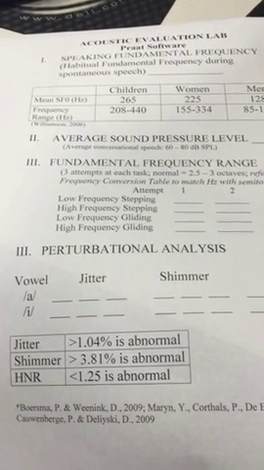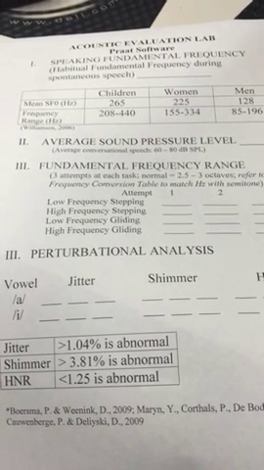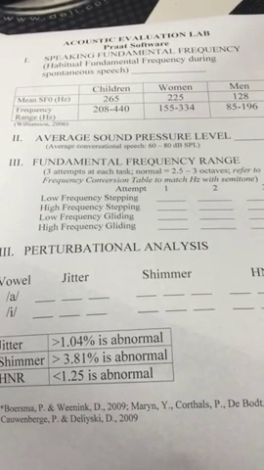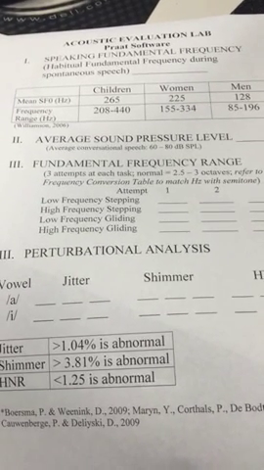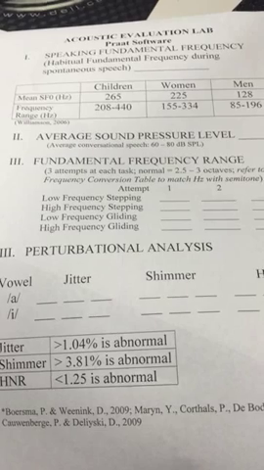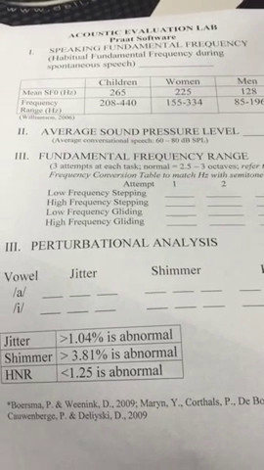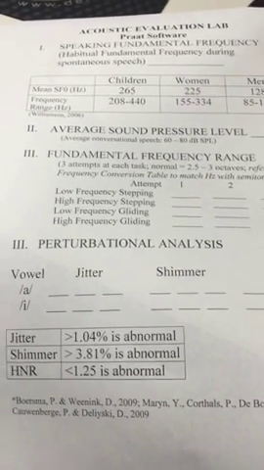And then there are some normative data you can reference in the chart for the fundamental frequency, as well as what is abnormal for perturbation. Okay, so this has been uploaded.